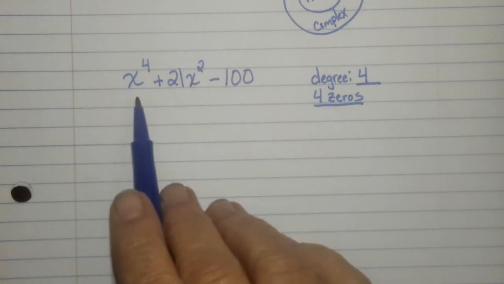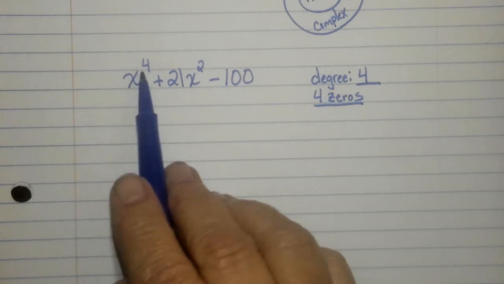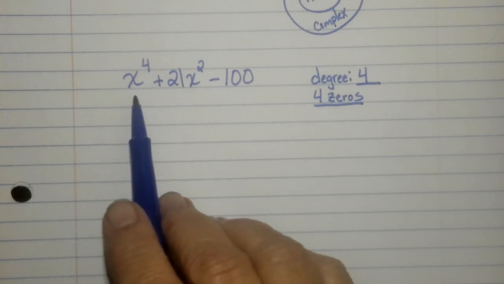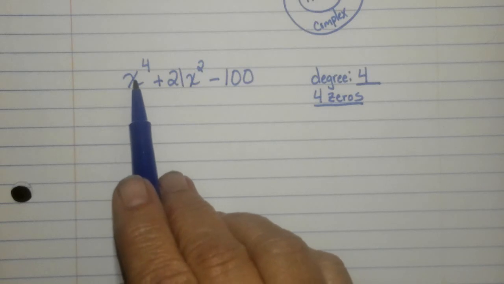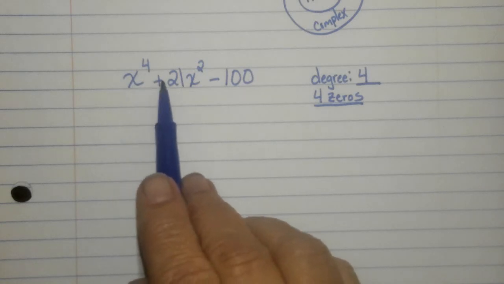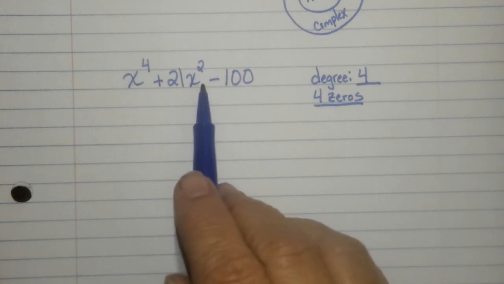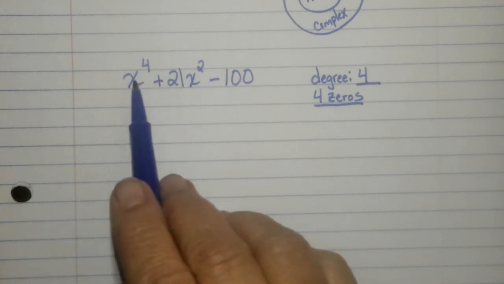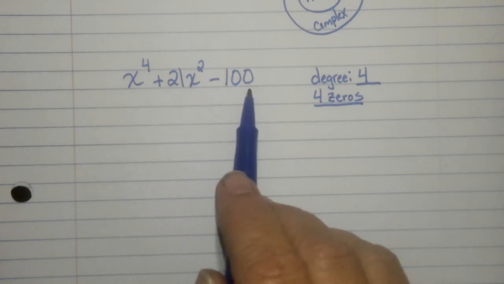Alright, so we're going to go ahead and factor this. Now it is a quartic, that means that's 4th degree, but we're going to follow the pattern that we would use for a quadratic. Because you see you have x to the 4th, but do you see there's no x cubed and there's no x? So this looks a lot like an x squared plus 21x minus 100.